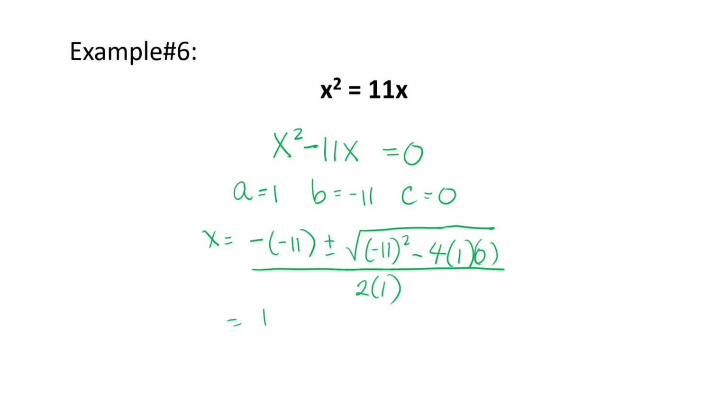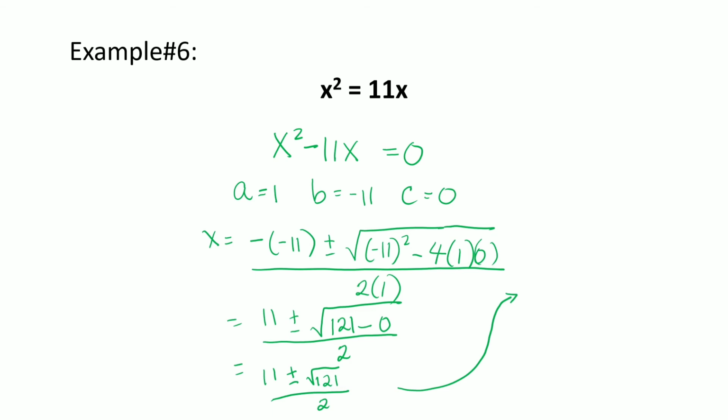So that will be positive 11 plus minus the square root of 121. Now this is 4 times 1 times 0, so that will give us 0 here, over 2. Okay? So 11 plus minus the square root of 121 over 2.